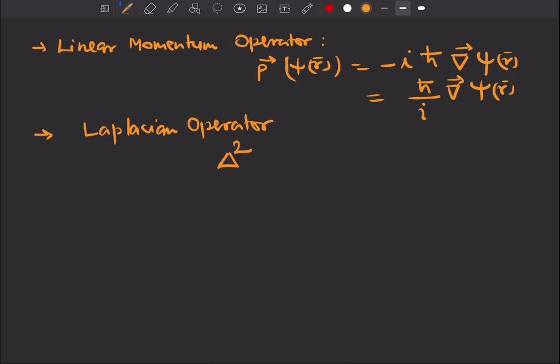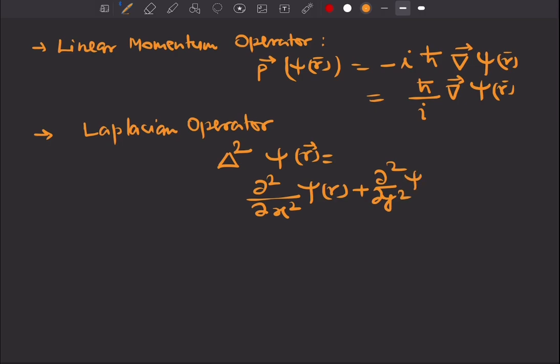When it is applied on any function psi, the function becomes del 2 by del x square psi plus del 2 by del y square psi plus del 2 by del z square psi. These are the operators which we use in quantum mechanics.